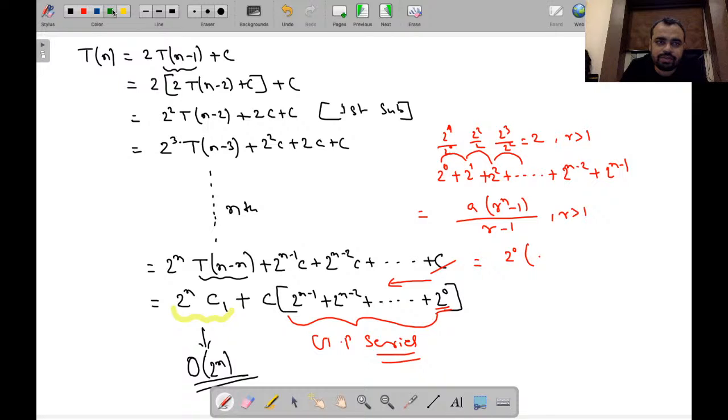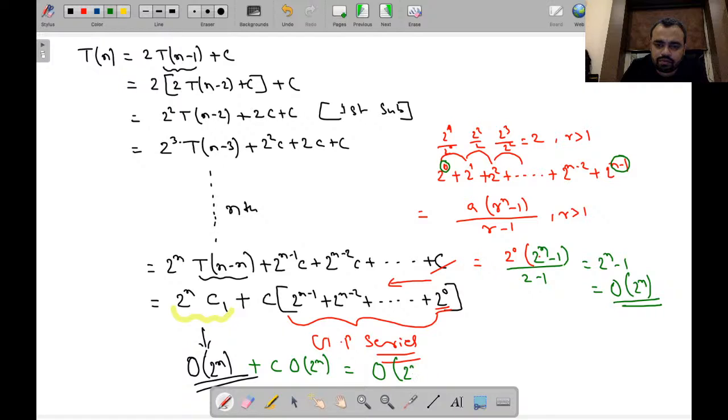We are starting from 0 and moving to n minus 1, so the total number of terms will be n. Ultimately, here we can write order of n power n minus. That is the right answer for the second.